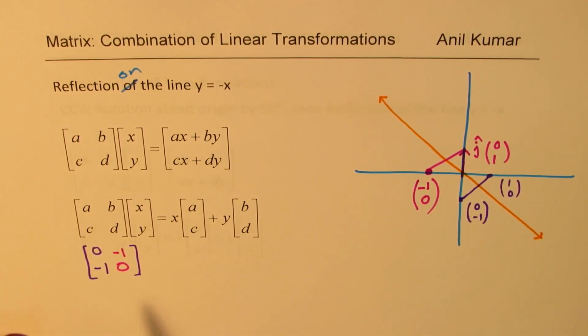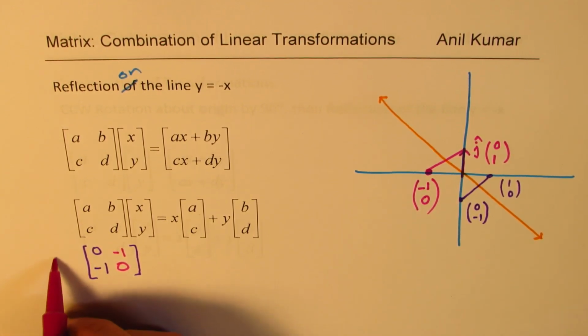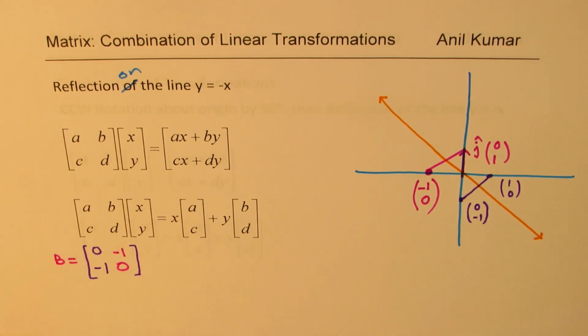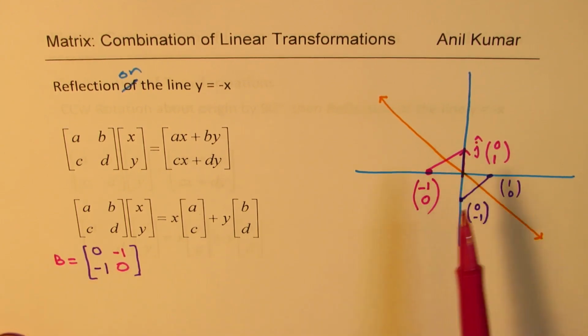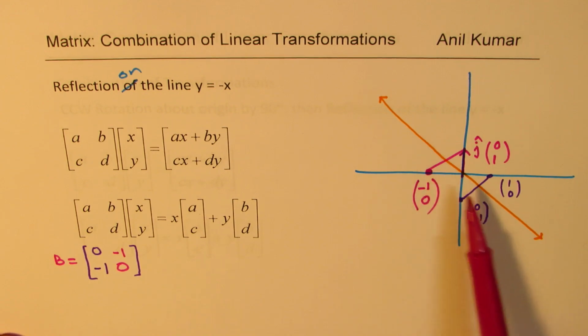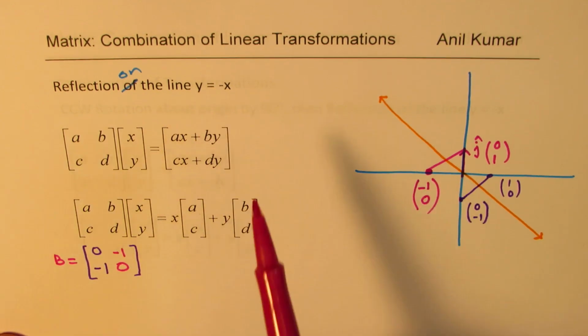You get the idea. So that becomes the transformation matrix. Does that make sense to you? So we'll call this our matrix B to perform the transformation. You get the idea, right? So it is 0, -1 diagonally, and -1, 0. That is what it is. And that does the trick of transforming, which is the reflection on the line y equals -x.